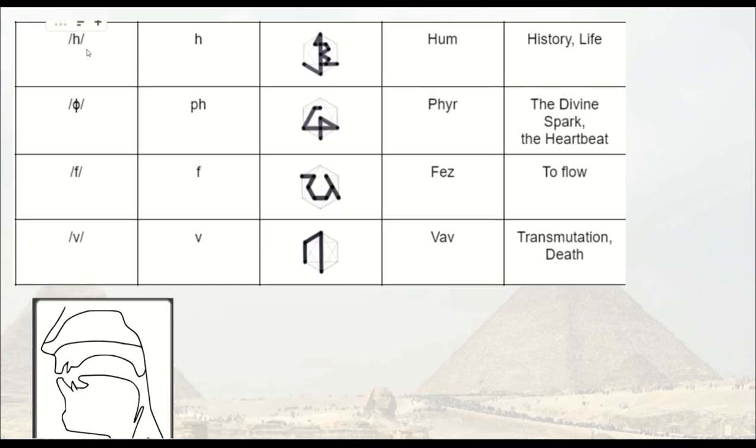So now we have h, meaning history or life, meaning the divine spark or the heartbeat, meaning to flow, v, meaning transmutation or death. For this sound, you just have both the lips together and it's like blowing air out, as Matthias describes it.